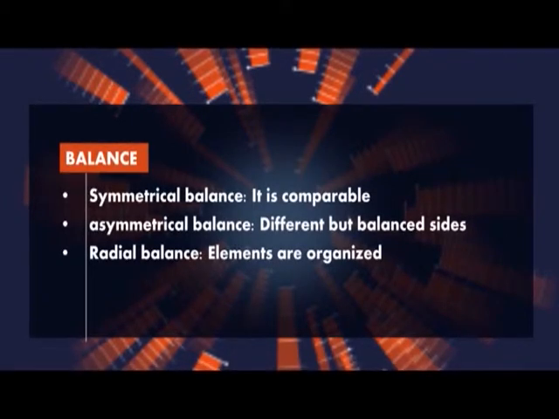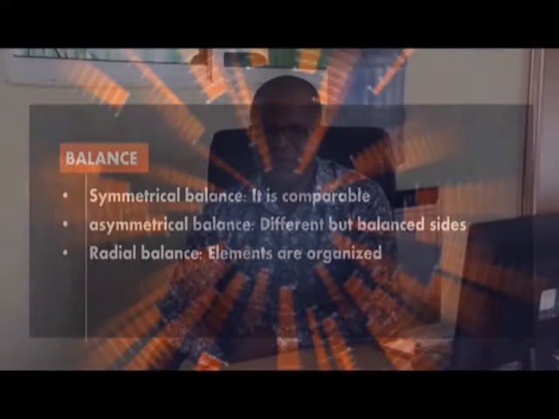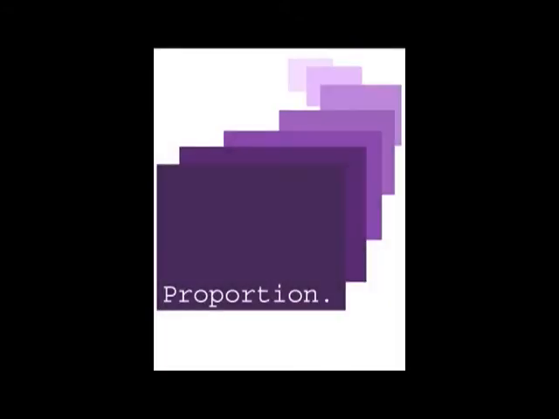In radial balance, the elements are organized about a central point that are similar. Secondly, proportion refers to the relative size and scale of the several elements in a design.